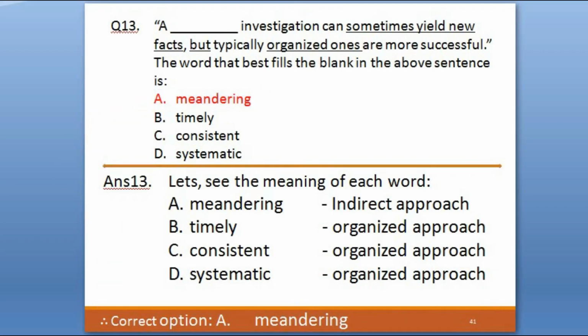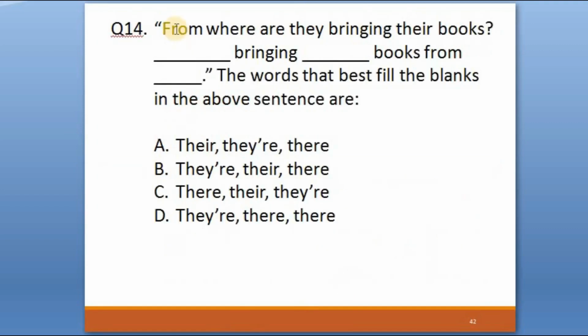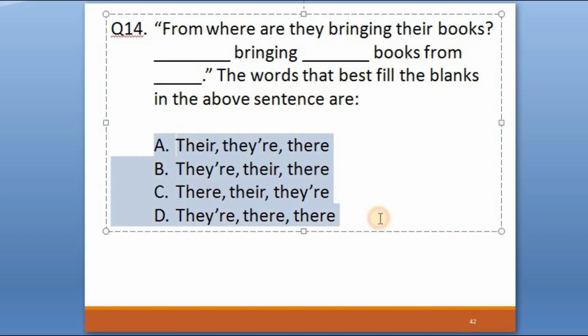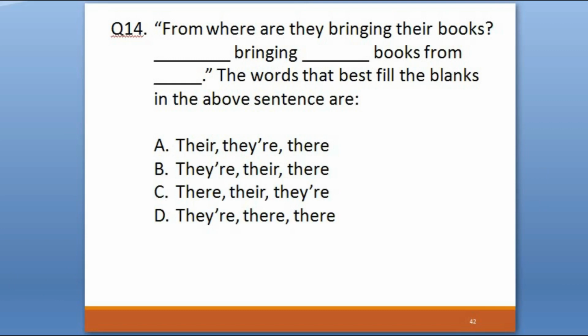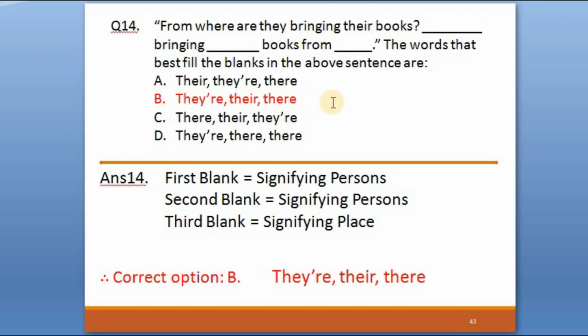From where are they bringing their books? Dash bringing dash books from dash. The words that best fill in the blanks in the sentences are, so we have to fill up from the given options. So again, let's analyze this statement. As you see here, the first blank: from where are they bringing their books?